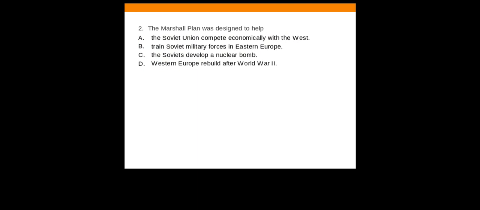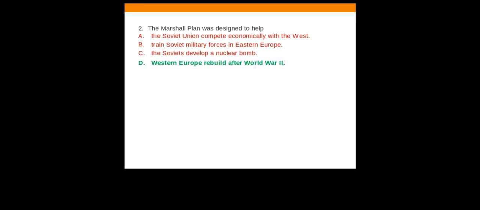Okay, number 2, the Marshall Plan was designed to help who? Now this one you would totally just have had to take a lucky guess or studied it before. But who do you think the Marshall Plan was supposed to help? Correct answer is Western Europe rebuild after World War II.